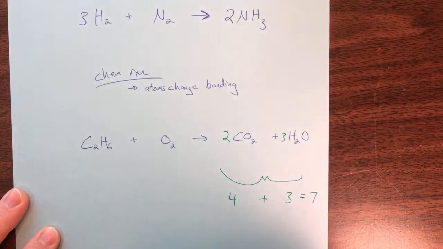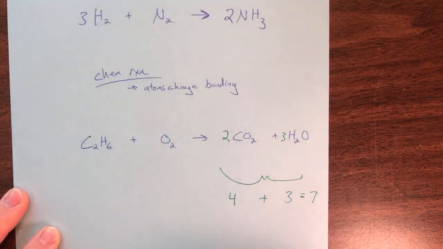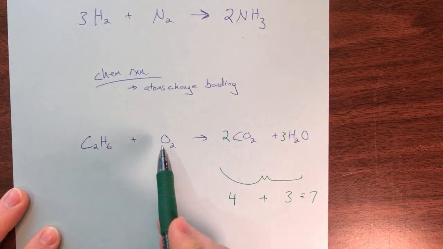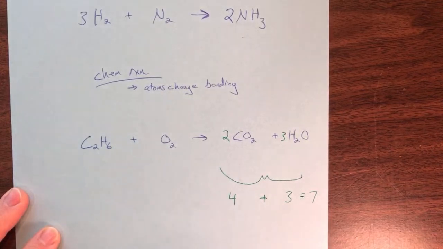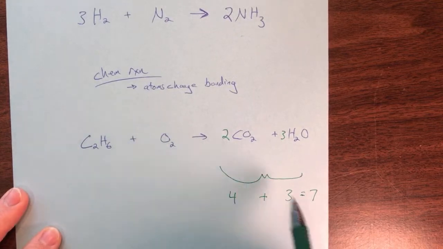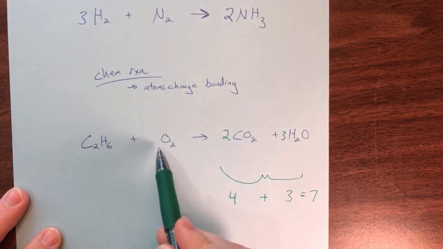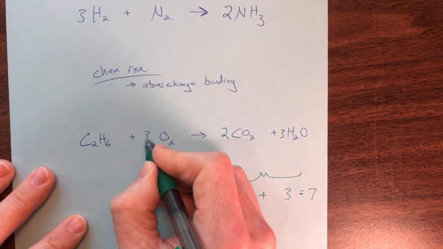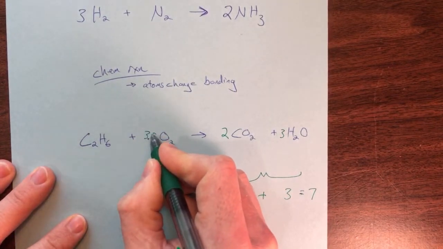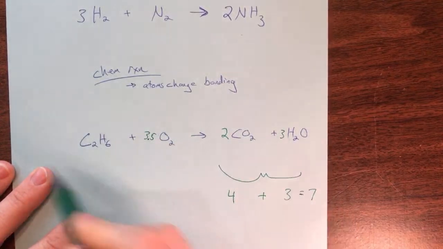Okay? So in order to balance it over here, we have O2. And so we say, okay, well, what times 2 is 7? Well, there's no whole number times 2 is 7, right? So the only thing times 2 is 7 is 3.5. Now that's going to balance it.